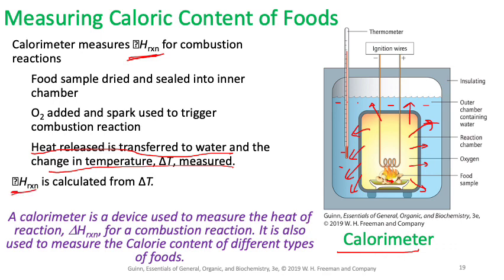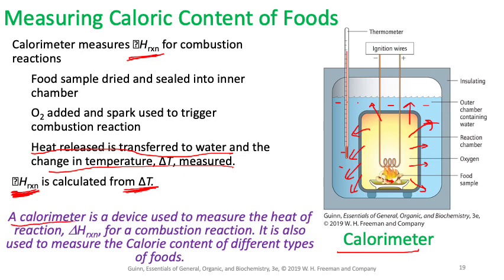So we can get delta H of the reaction, the heat of a reaction, from the change in temperature. This is how we can use a calorimeter to figure out delta H of the reaction, based on how much the temperature increased from the energy released by the food sample, right?